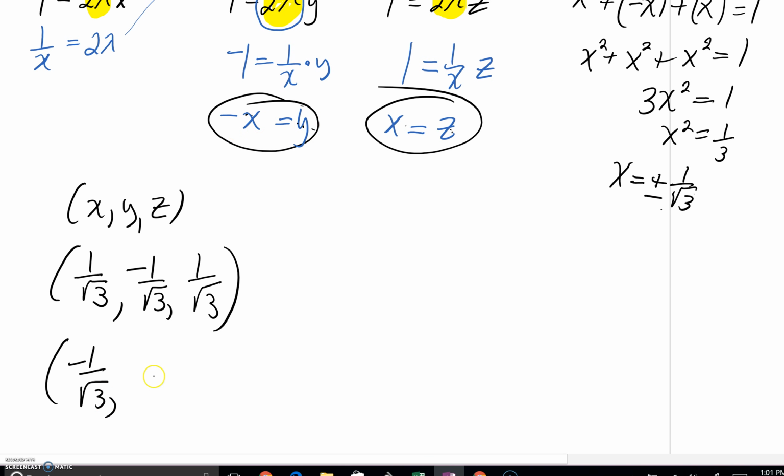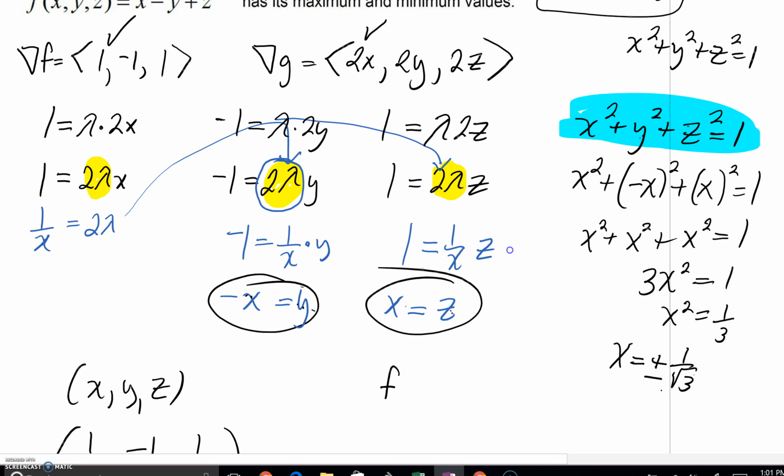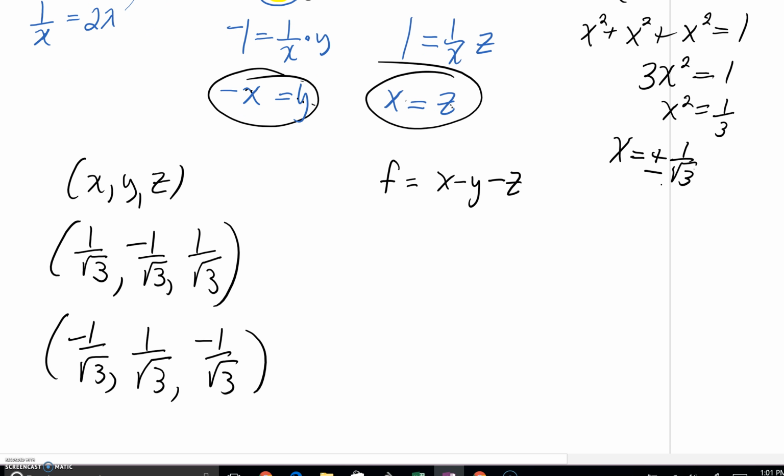In which case, the y would be the opposite, and the z would be identical. So I found my critical points. Now what? I'm going to go back up to my f, which is really x minus y minus z. And I'm going to try to find out what f really is going to equal here.